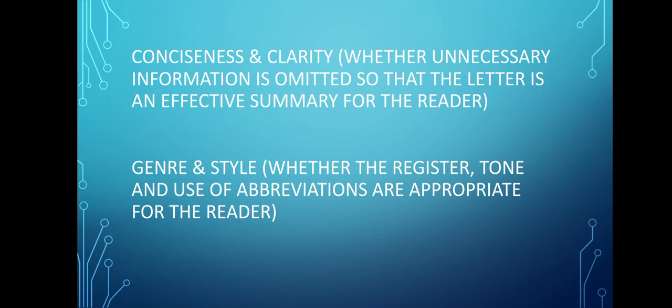When it comes to conciseness and clarity, we need to see whether unnecessary information is omitted so that the letter is an effective summary for the reader. Instead of picking what information you need in the letter, you need to decide what information is unnecessary and should be left out.